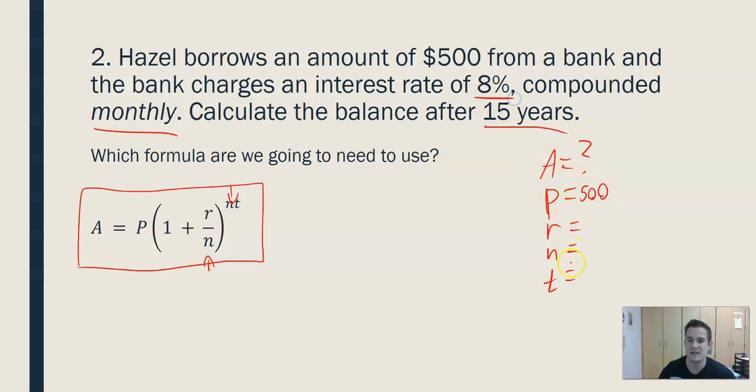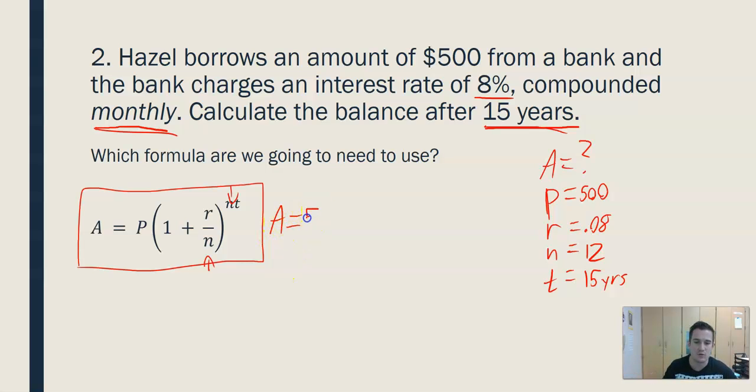My rate is 8%, or 0.08. My n, or how many times it's being compounded, is monthly. There are 12 months in a year, so n is 12. And t, the time, is 15 years. Okay. So I'm going to put all those values into my formula here to calculate what the balance of Hazel's loan would be after 15 years.